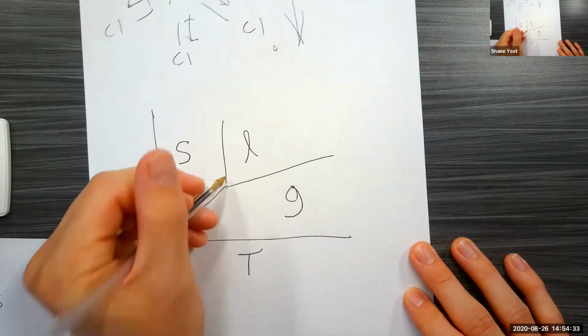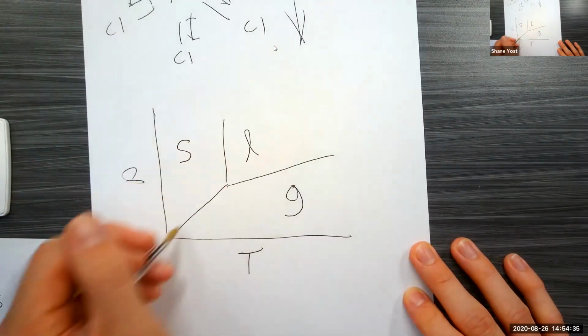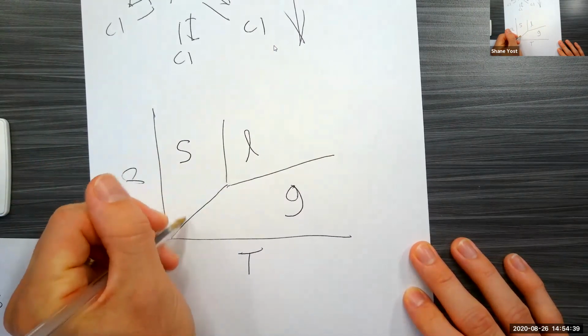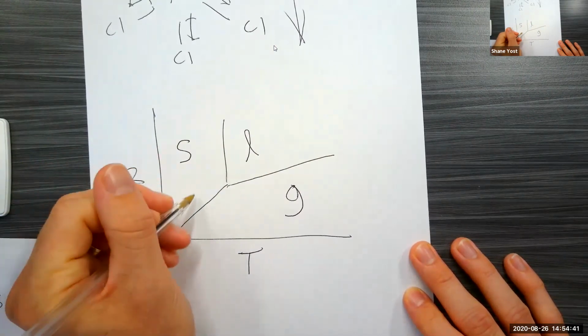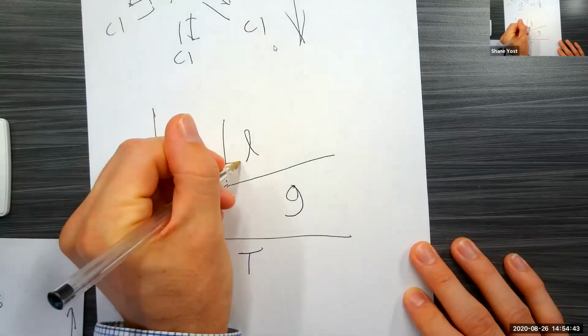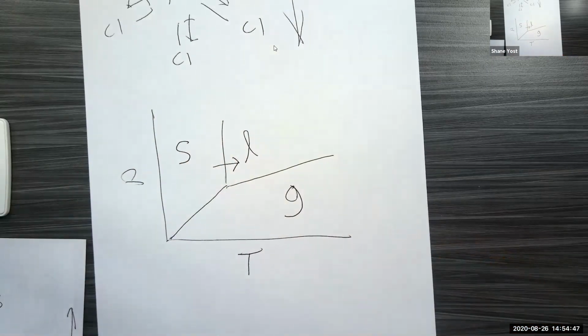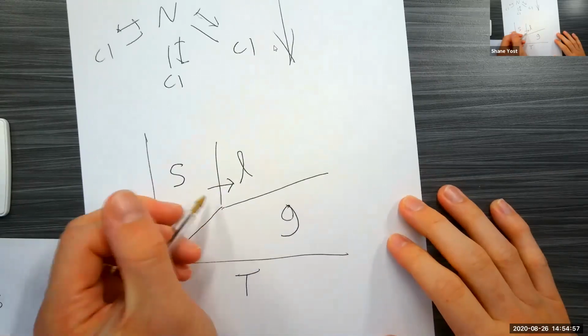These different lines represent what are called phase boundaries. If I go across this phase boundary as that arrow is showing, what type of phase transition is this? Melting, or fusion. Exactly.